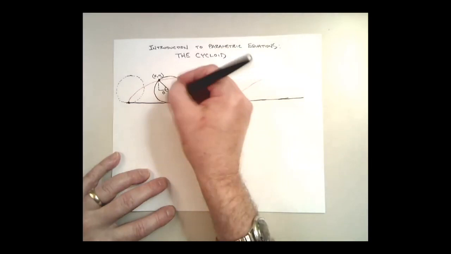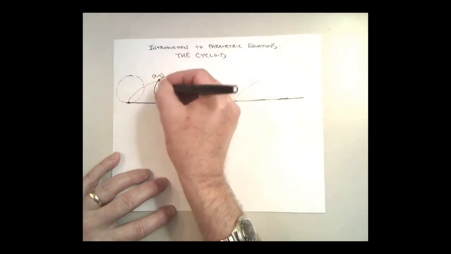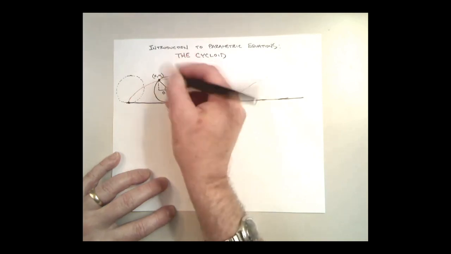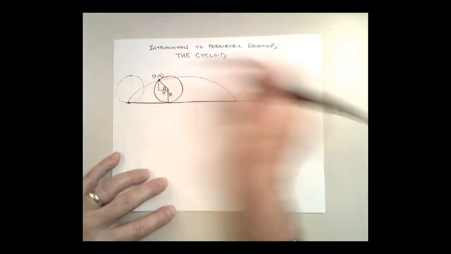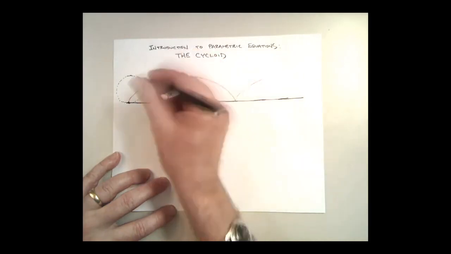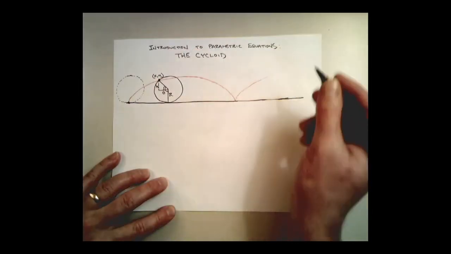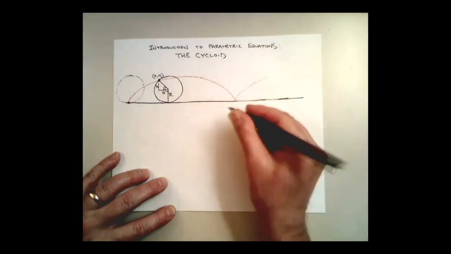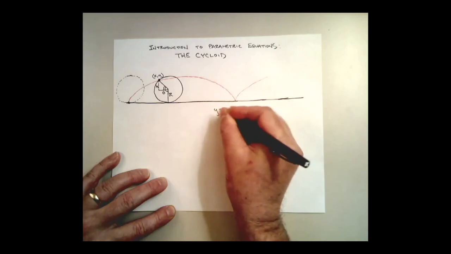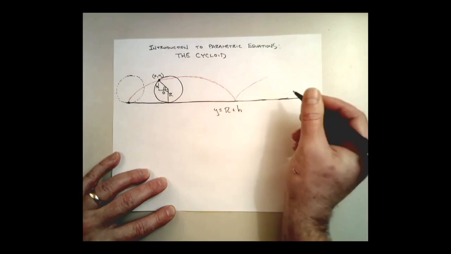So it's going to be the value of r plus this length right here, the opposite side of this angle. I'm going to label it h, for height. So let's just notice that y is going to equal the radius plus whatever that value of h is.